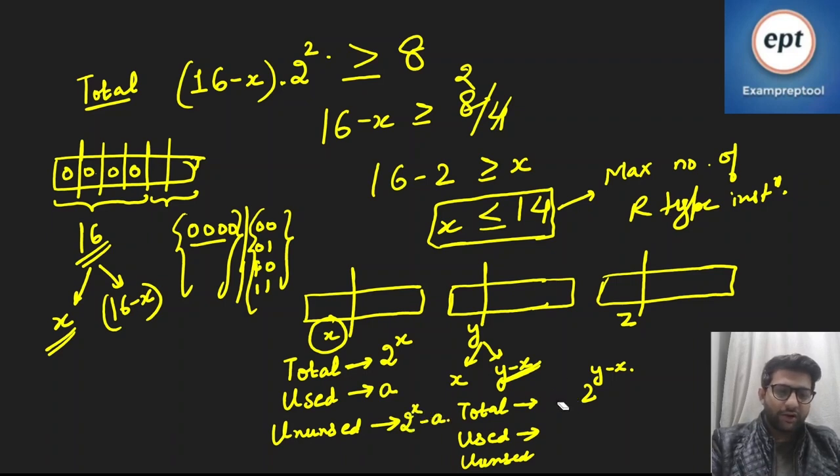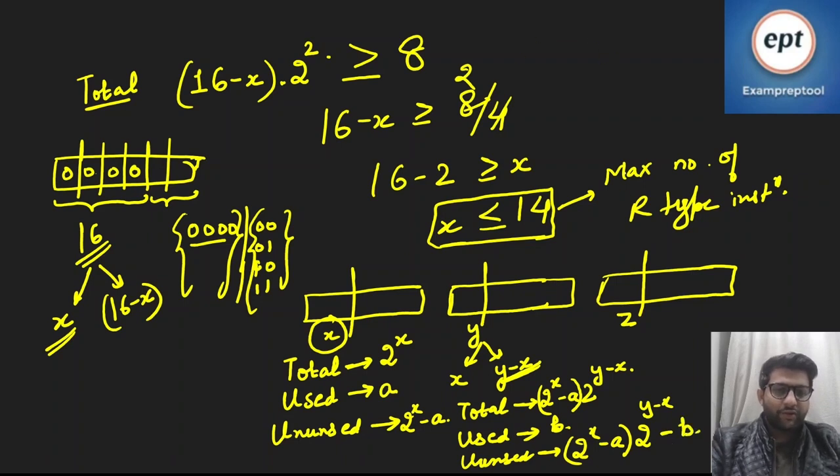Now the total here will be 2 power x minus a into this. And used for y, let's say, is b. So unused will be 2 power x minus a, into 2 power y minus x minus b.